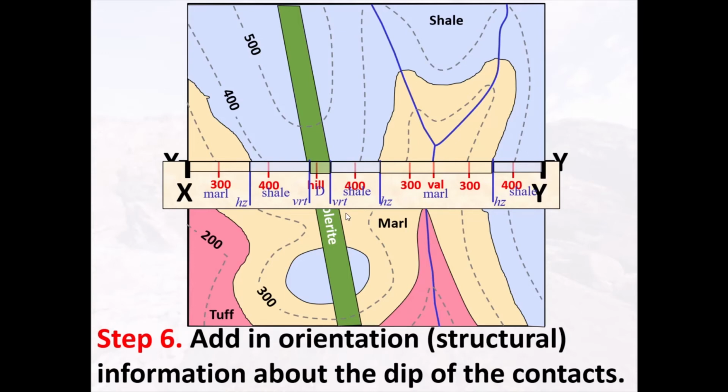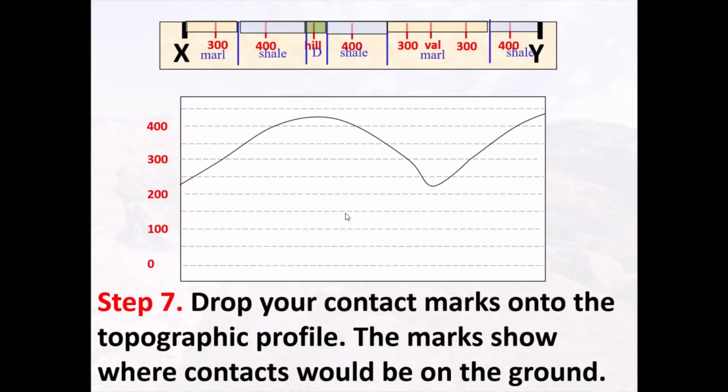Okay, we're more or less done with the map now, so we can take our cross-section strip and put it back against our newly created hill profile. This time we want to drop our contact marks onto that hill profile, onto that topographic profile, and where those marks intersect our hill profile, that shows where our geological contacts would crop out on the ground surface.